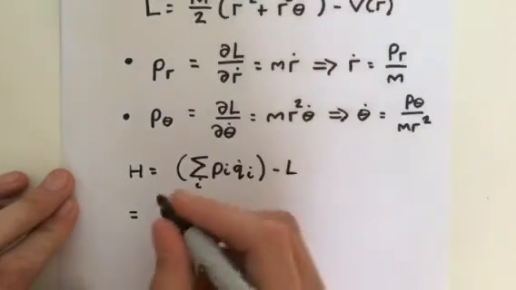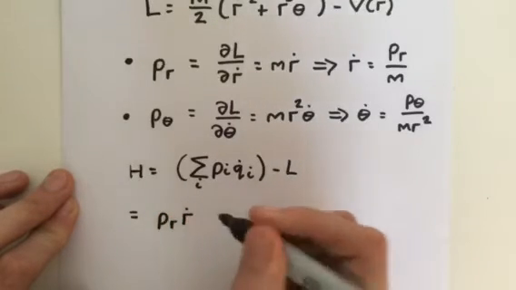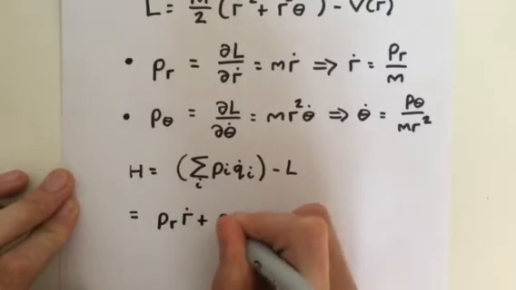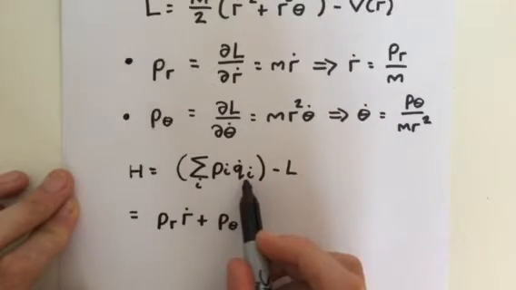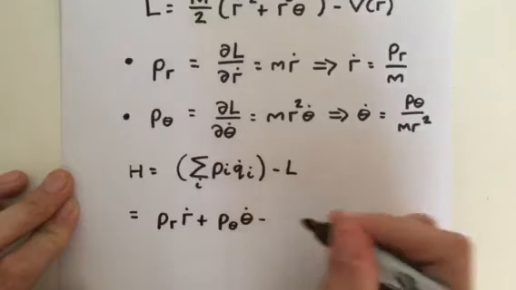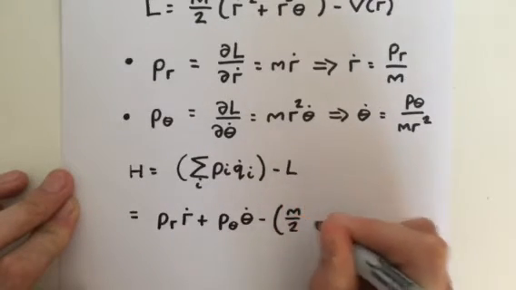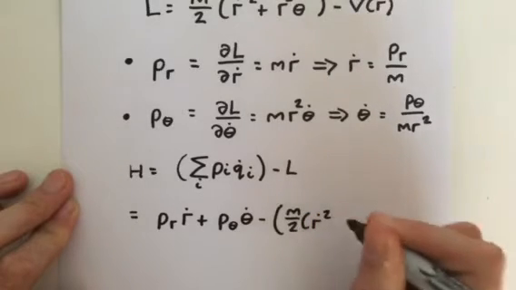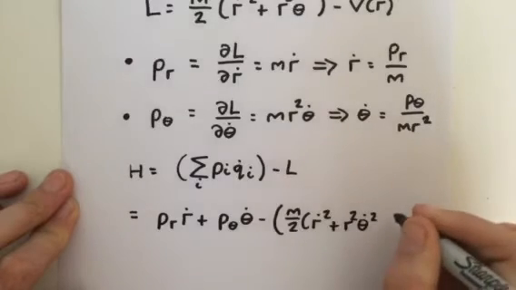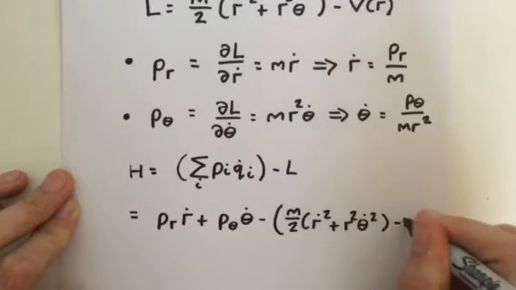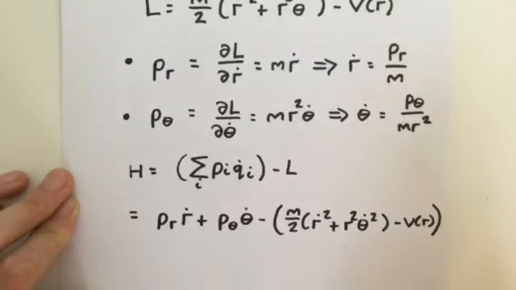So we get p_r ṙ plus p_θ θ̇, and then we minus the Lagrangian, which we have up here: m/2 (ṙ² + r²θ̇²), and then we minus V(r), like so.